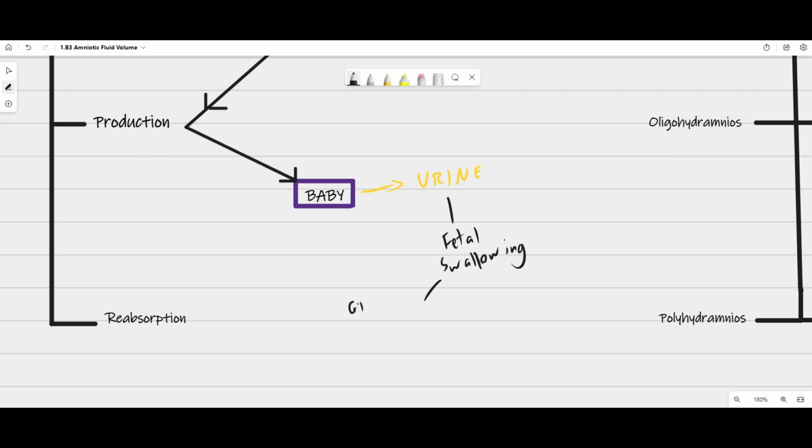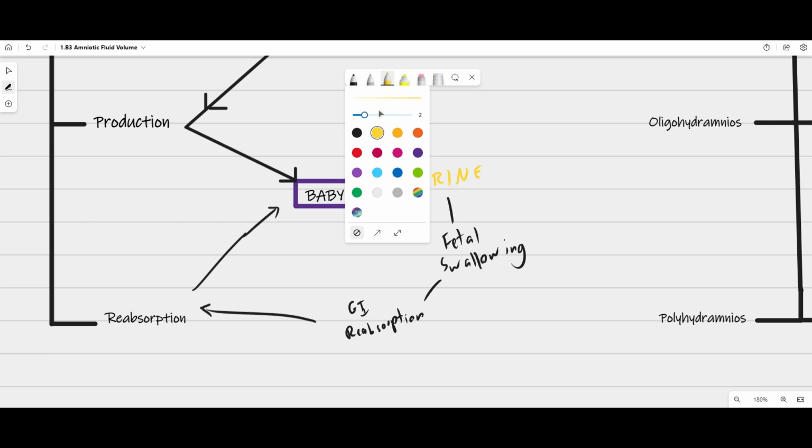So we have GI reabsorption. And then it's going to go back to the baby. Baby's going to urinate it back out, and it's just continually going on that process. It's just going to keep going and going until baby grows big enough and we're ready for the baby to come out.